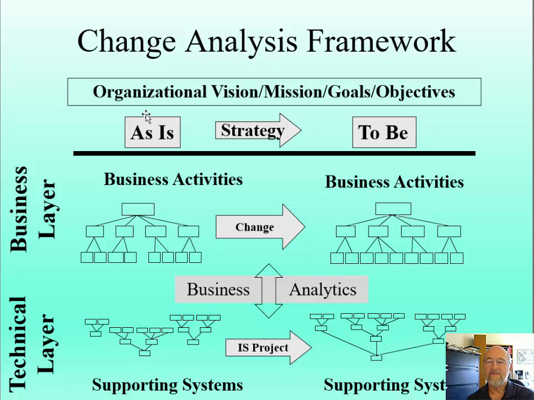And then the magic, of course, is how do you manage the change to get to the to-be world? So the to-be world is this vision where all of these business activities more closely align to the vision, mission, goals, and objectives of the organization. So you're trying to make the company always more efficient or effective in meeting that vision, mission, and goals.